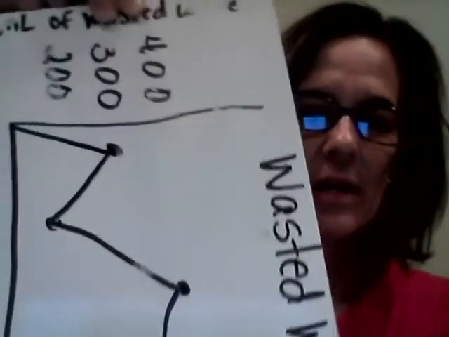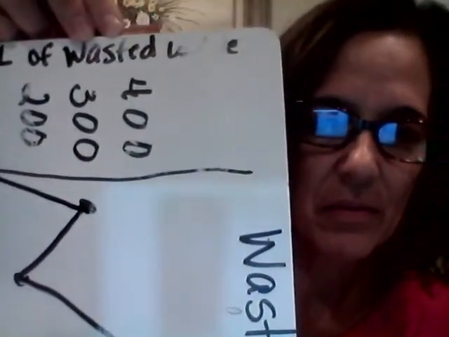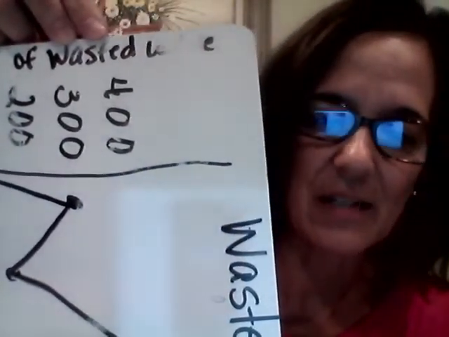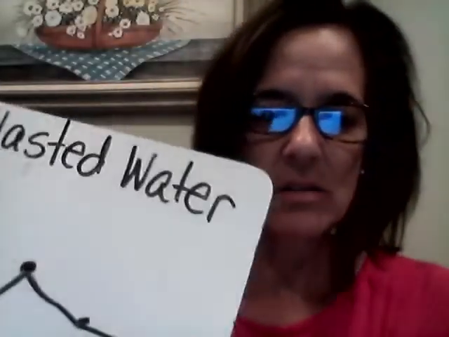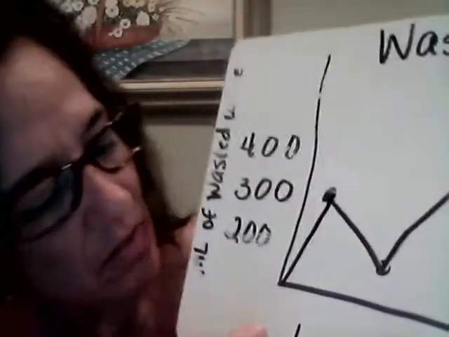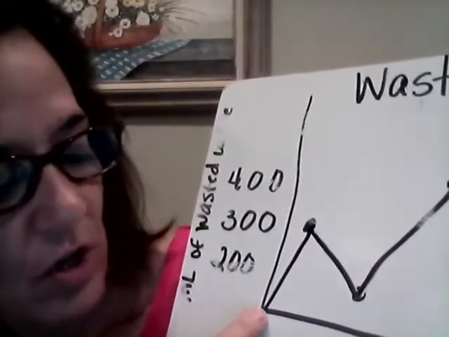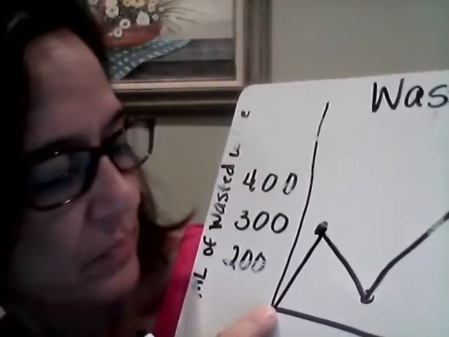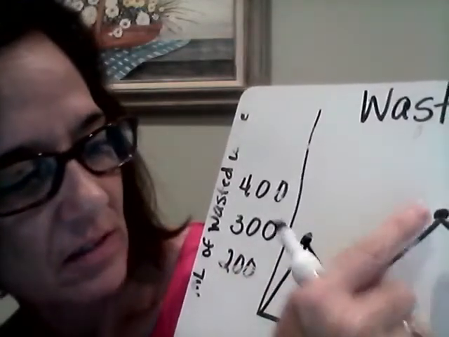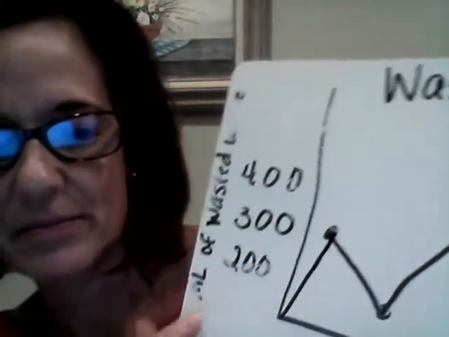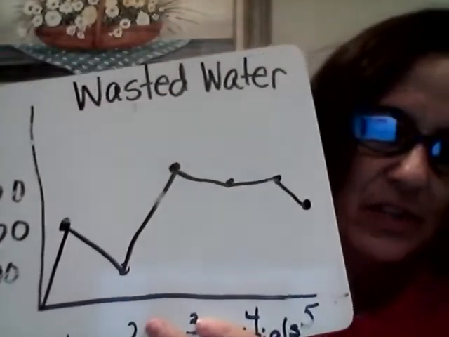Check to see if you have a label down this side, milliliters of wasted water. And check to be sure that you started in the corner and that you connected all of your points. So now you're finished with this line graph.